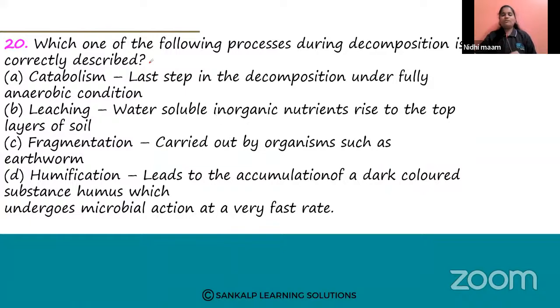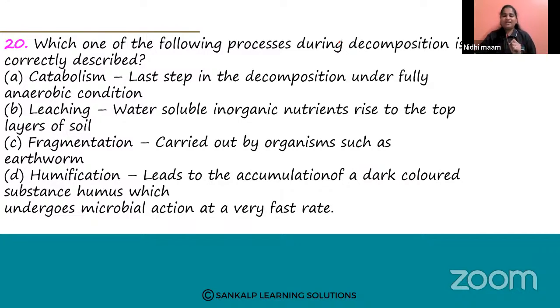Which one of the following processes during decomposition is correctly described? A. Catabolism, last step in the decomposition under fully anaerobic condition. B. Leaching, water soluble inorganic nutrients rise to the top layer of the soil.